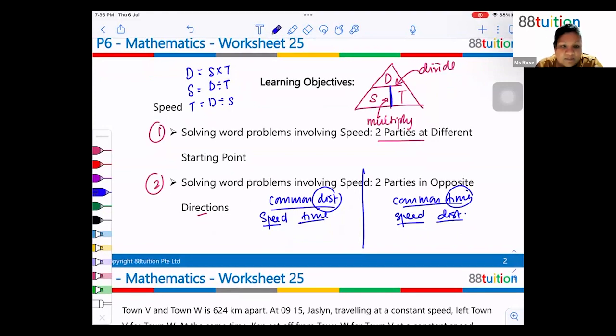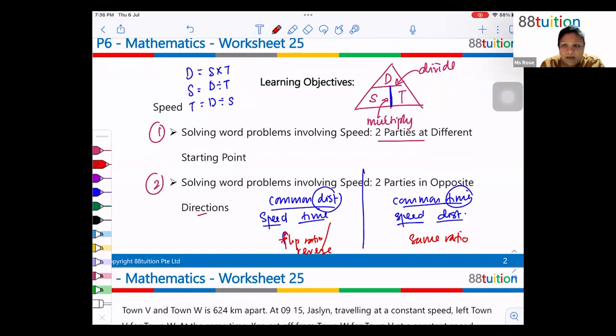This is what we call the flip ratio or the reverse ratio, and this one is the same ratio. We went through this last week. If you need a recap, you can watch last week's lesson.